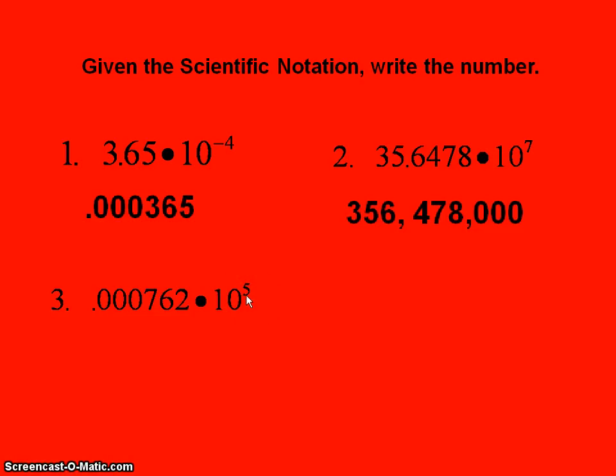So try that, see what you get. Okay, so you get 76.2. Notice how all those zeros come off for number 1 and 3. These zeros here, if you're moving to the right, are going to disappear.